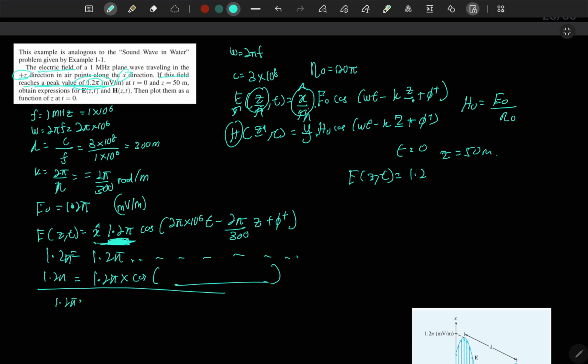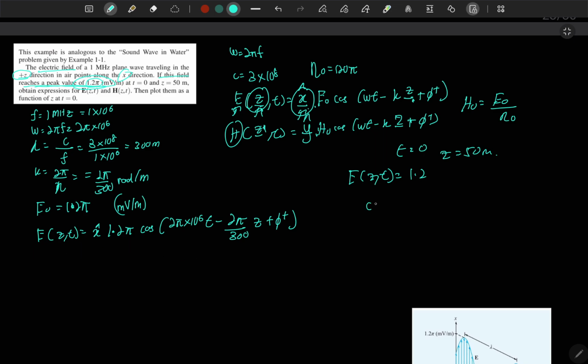So 1.2 pi is equal to 1.2 pi times cos x. So cos x should be equivalent to 1. So how does cos equal 1? Only if cos 0 is equivalent to 1, meaning everything inside is 0. So 1.2 pi cos 0 is equivalent to 1.2 pi. It's the peak value. Okay. Now in order to get cos equivalent to 1, everything here should be 0.